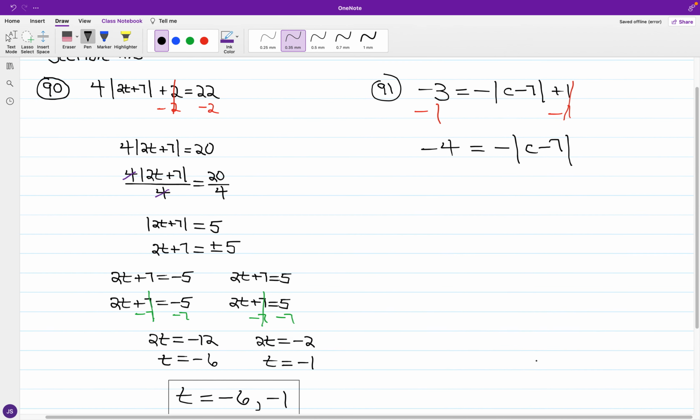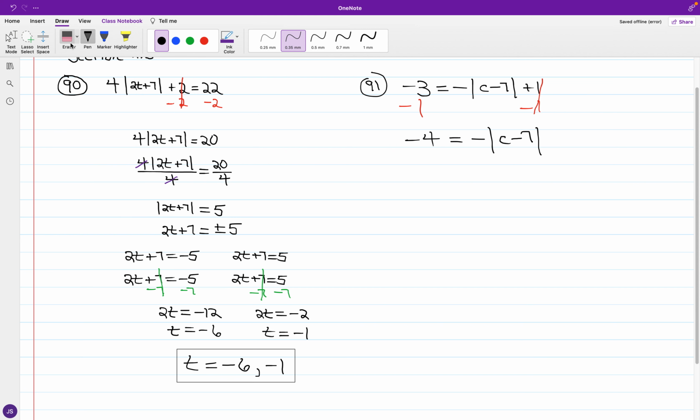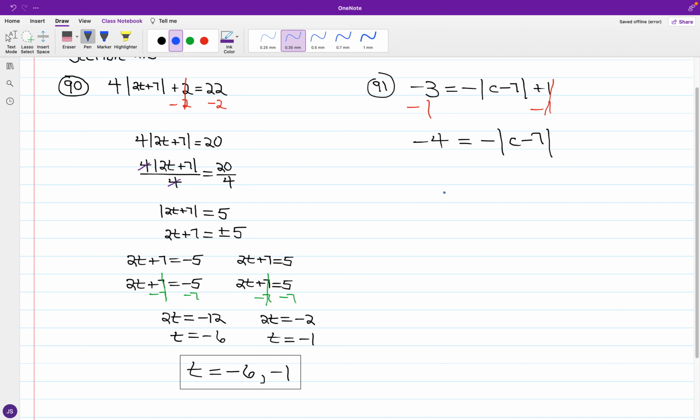What I can do here is multiply or divide this equation by negative 1, and that's just to change the signs at both ends. So for negative 4, that would be positive.